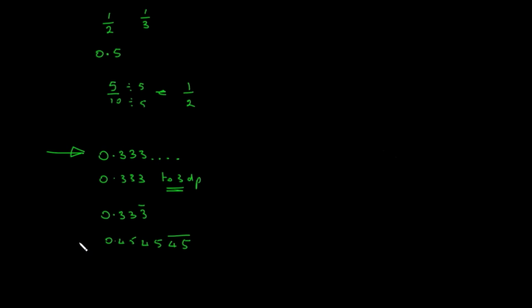Remember it. Next one, quarter. That one, 0.25. Now, because this one here stops definitely after the 5, you can put zeros if you want after it. It won't change the value. It stops at the 5.